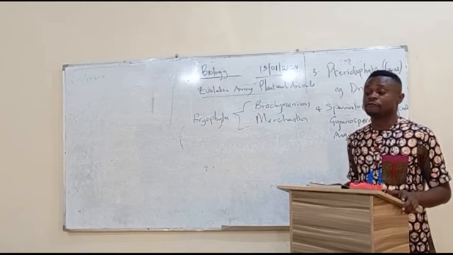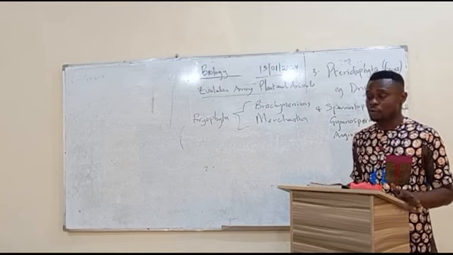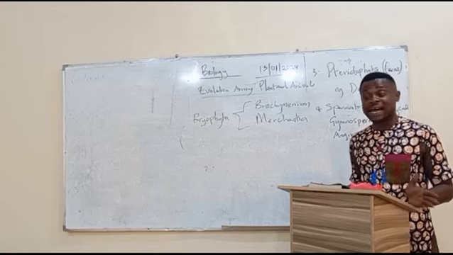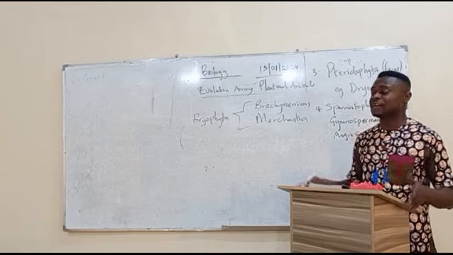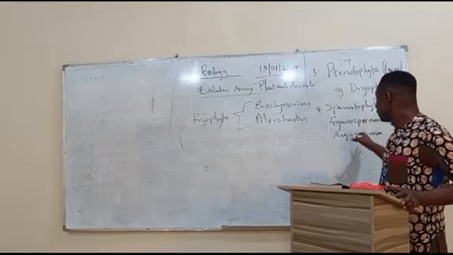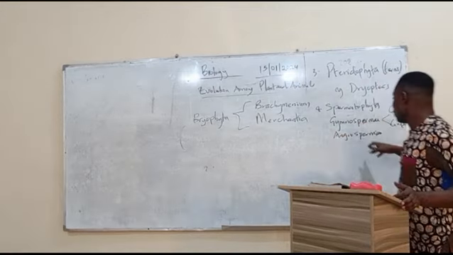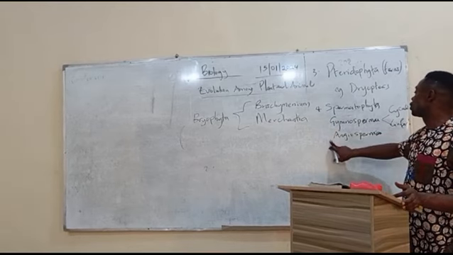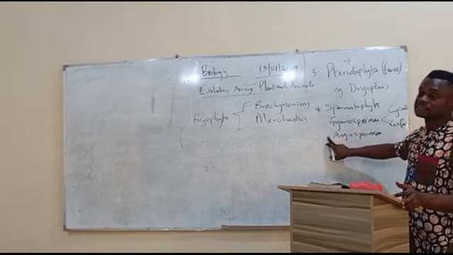Example of the monocot, you have your maize. Dicot, example, water leaf. By the time we go deep into this, we will know the difference, why these are called angiosperms, which of them are flowering plants.